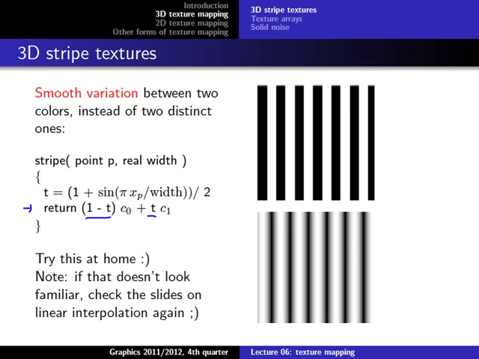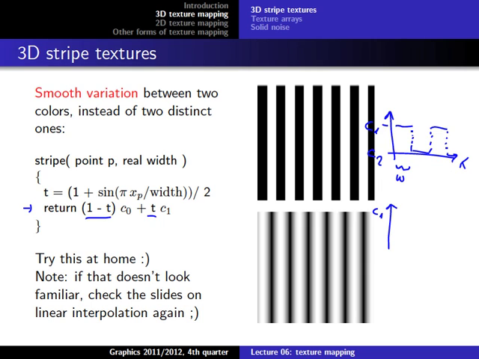So if you look at it right now, at the top we have, if this is our x value and these are the colors C1 and C2, then we have this binary decision. Here we have the color 1, and then we have the color 2, and then again the color 1, and then again the color 2. And this is, of course, the width of our pattern. Now, what we could do is a linear interpolation.